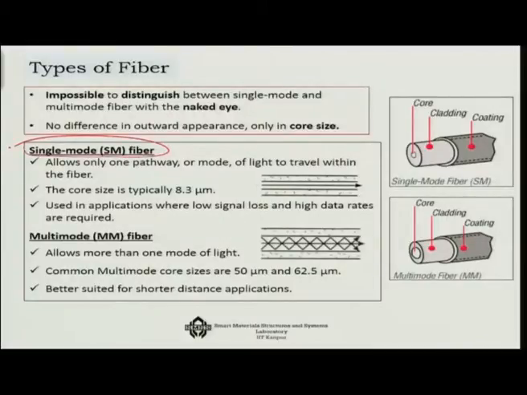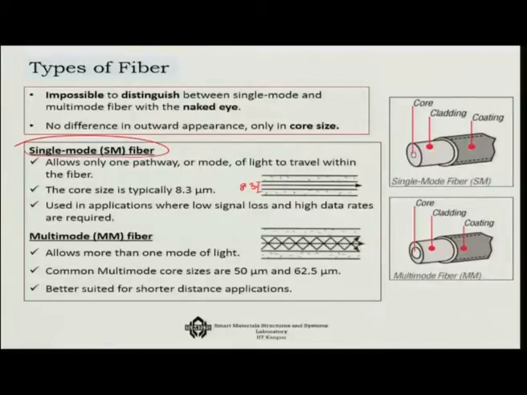This allows only one pathway or mode of light to travel within the fiber. The core size here is typically about 8.3 micrometer. This is applied for cases where you need very low signal loss and a high data rate, let us say for encrypted signals, bank security signals, etc.